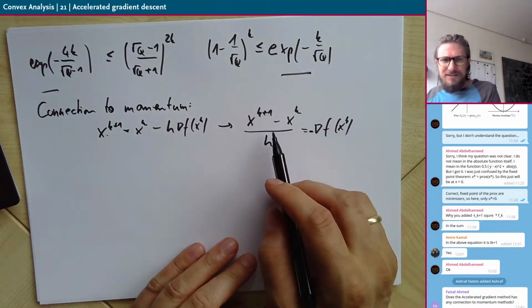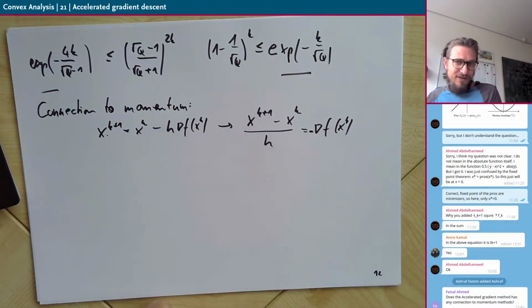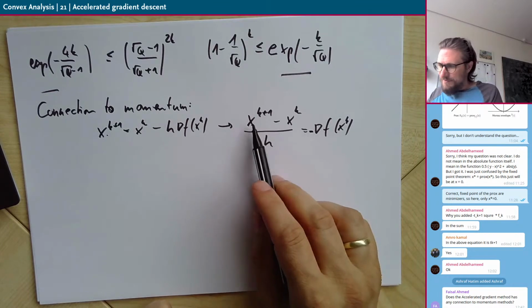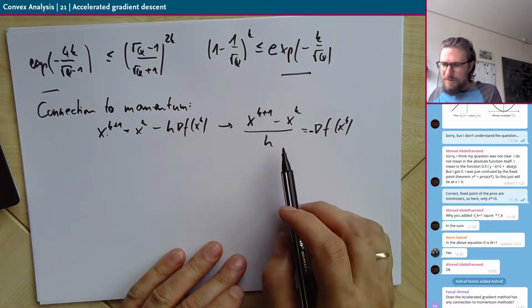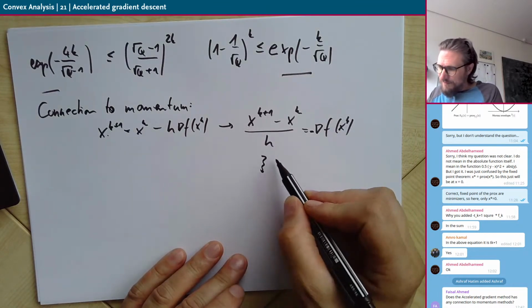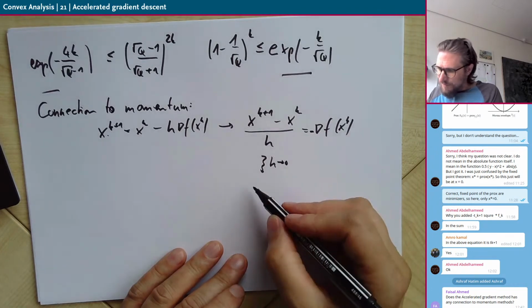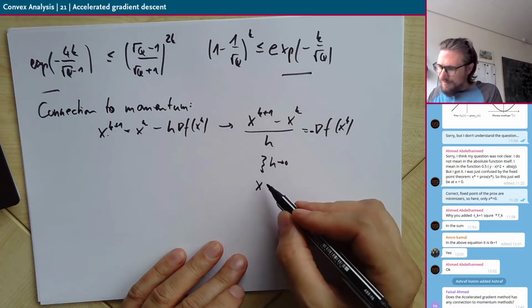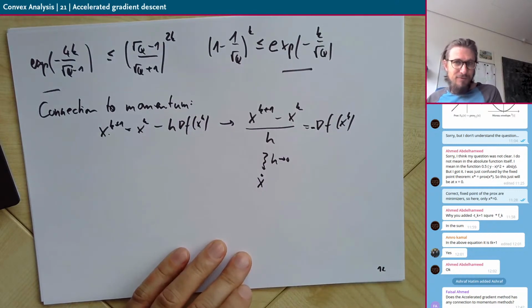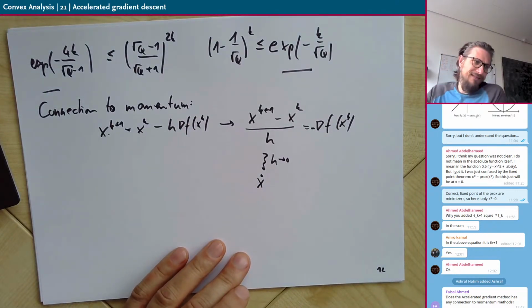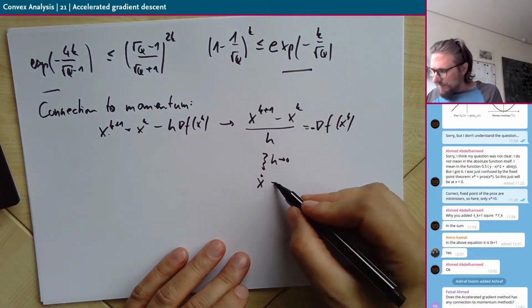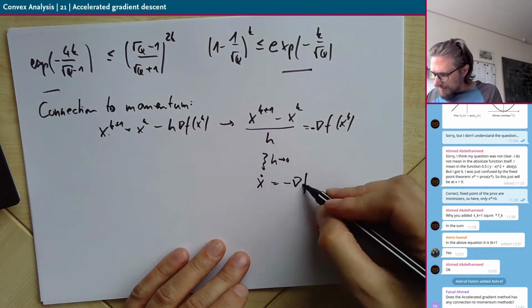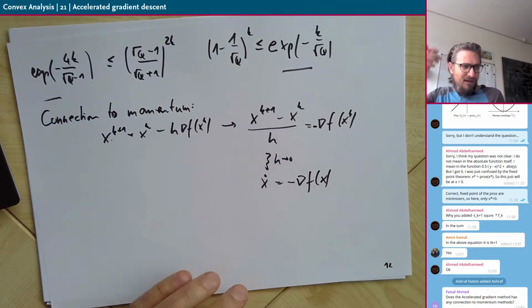If you now let the step size h go to 0, then this goes to this, and so roughly for h going to 0, this turns into something like x dot, the time derivative, just with respect to an artificial time. And the right hand side goes to negative gradient of f at x.